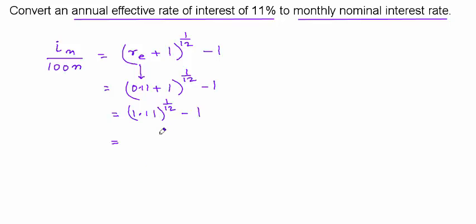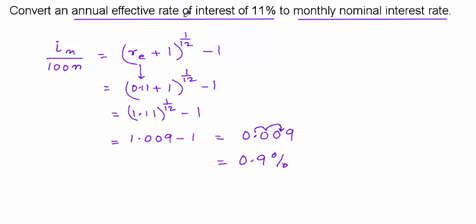Okay, so this is going to be equal to 1.009 minus 1, which is equal to 0.009. And that is the interest expressed as a decimal. If you want to change it to a percentage, multiply by 100, which means move the decimal point 2 places over to the right. This is 0.9%.